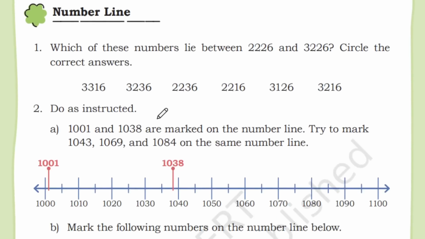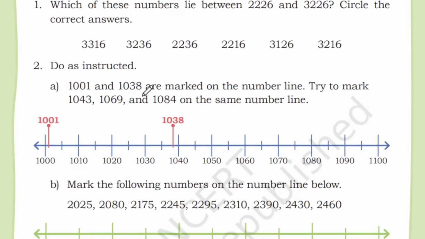Alright, next we have number line. Which of these number lines is between 2226 and 3226? Circle the correct answer. So you have to write the numbers between only these two. It should be greater than 2226 and less than 3226.